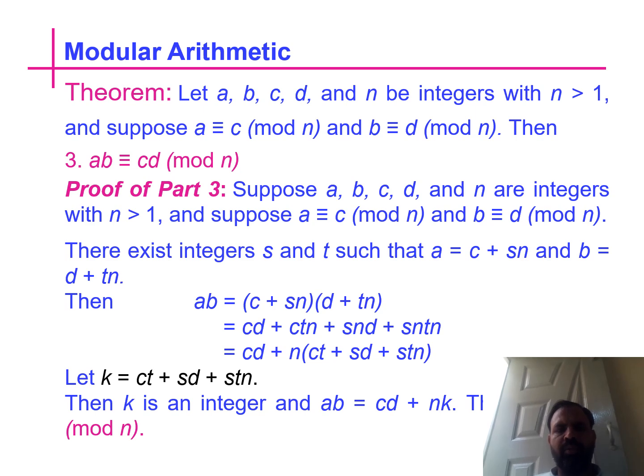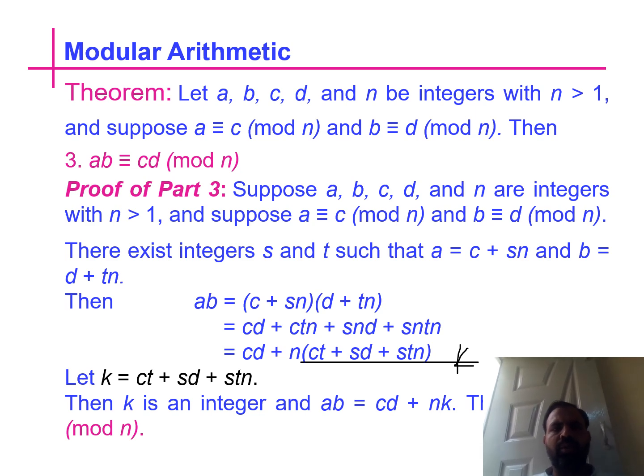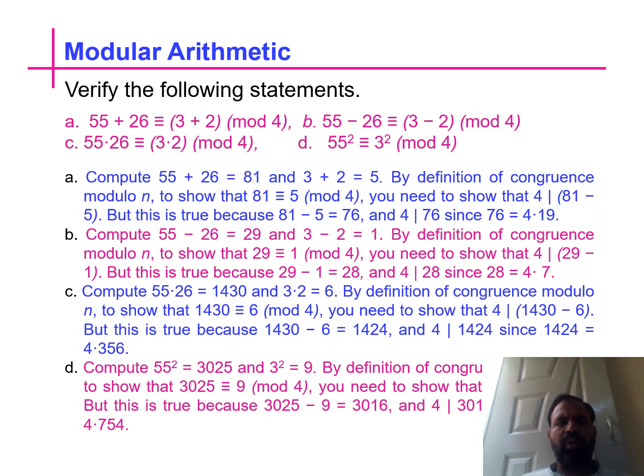Then ab is equal to (c plus sn) times (d plus tn). Evaluating this, we get cd plus ctn plus snd plus sntn, that is cd plus n times (ct plus sd plus stn). This is equal to some k, where k is an integer, and ab is equal to cd plus nk. So ab is congruent to cd mod n.